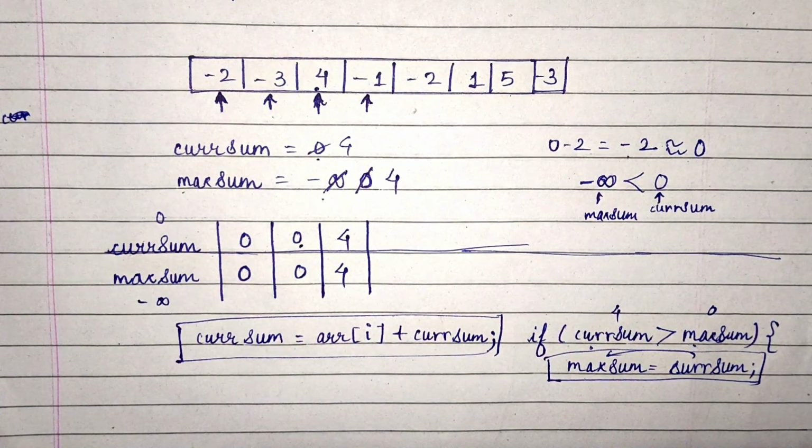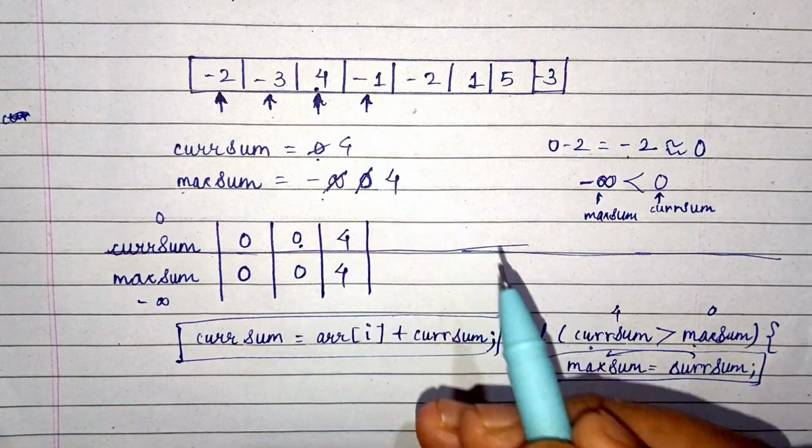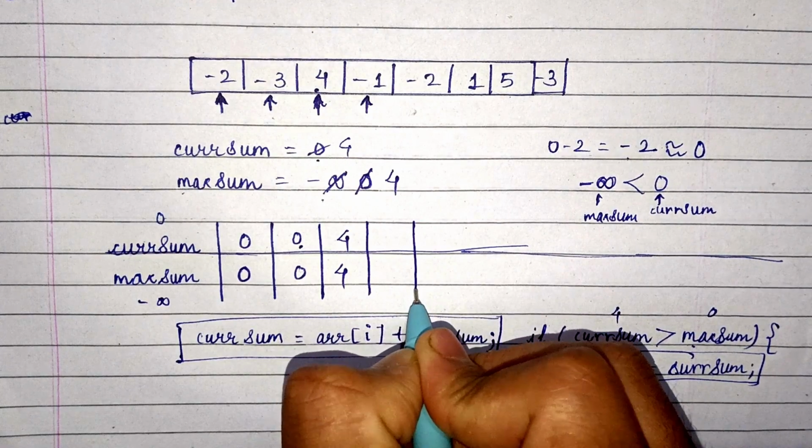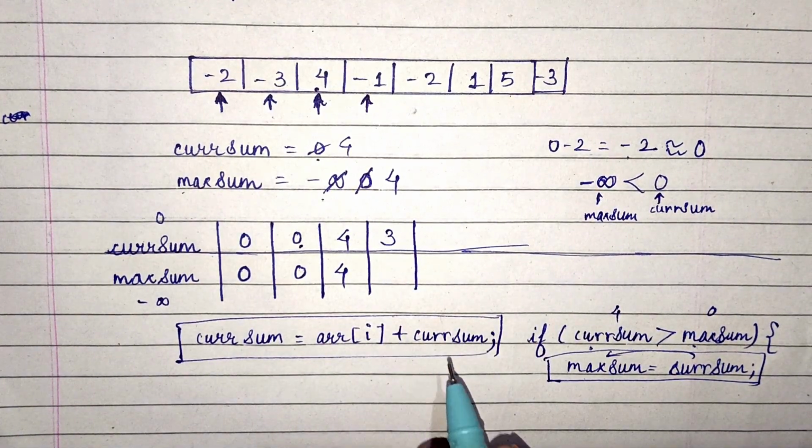The compiler will go to the next element and add 4 and minus 1. The current sum will be 3 and the maximum sum will stay as it is because 3 is less than 4.